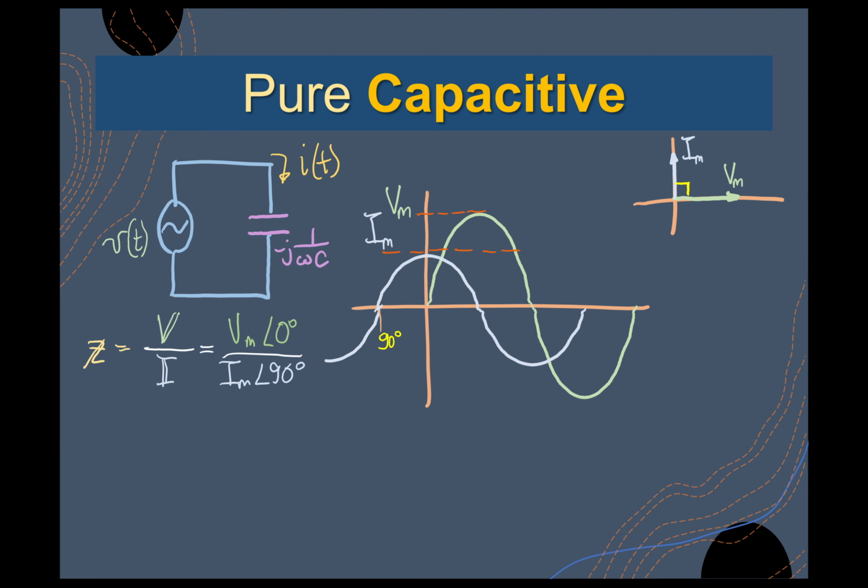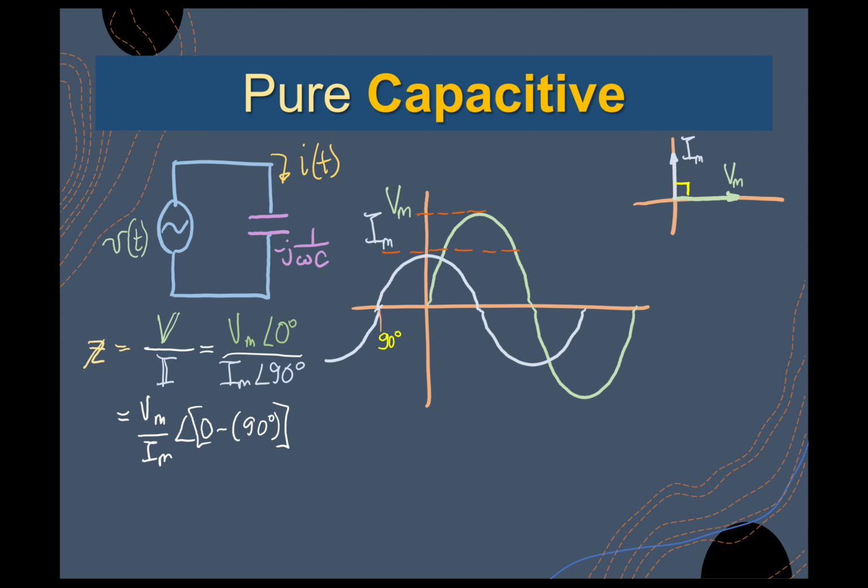So we have here Vm angle 0 degrees. Most of the books make the voltage angle 0 degrees, then you have the current at 90 degrees. So they vary the current instead of the voltage, which is most of the time the case for the power system.